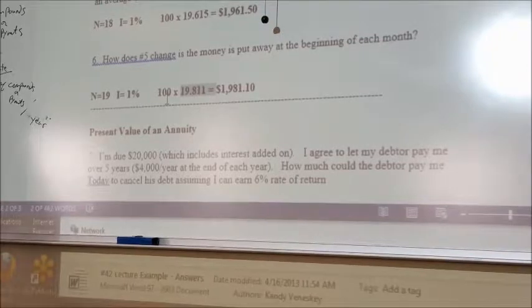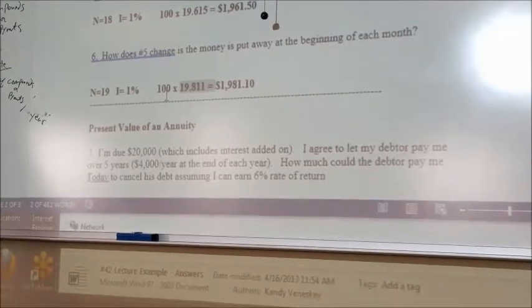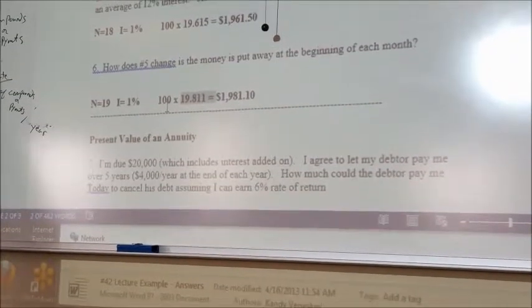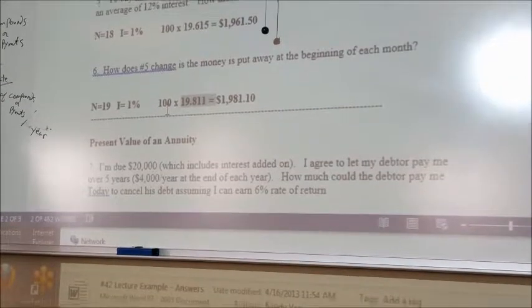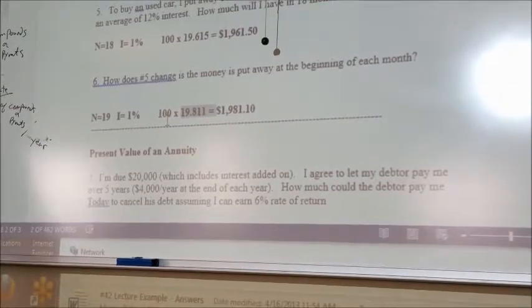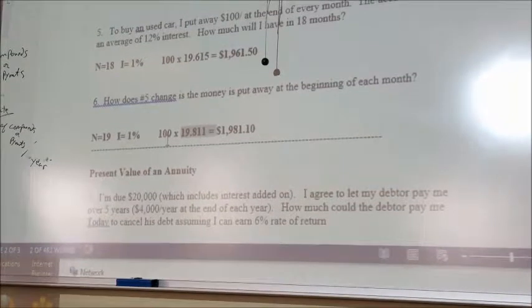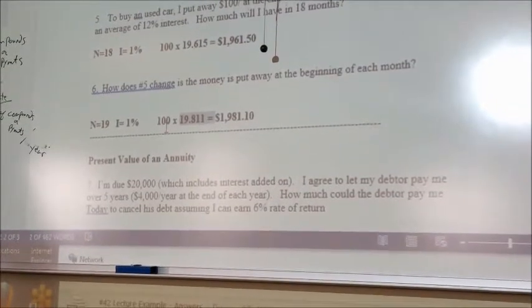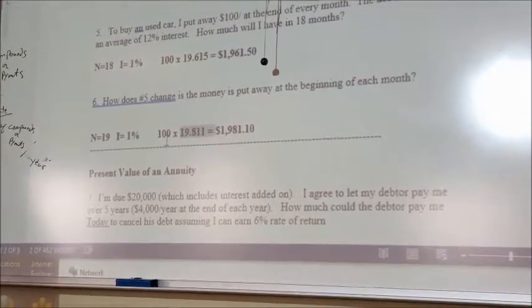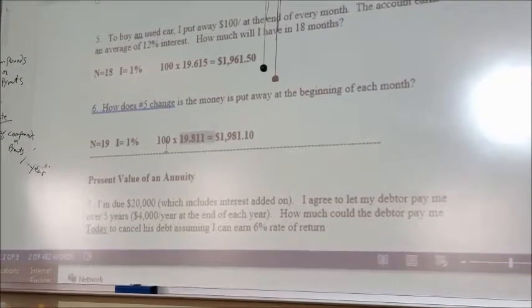How much is 4,000 over the next 5 years? 4,000 plus 4,000 every year. How much is that worth right now? How much am I allowing him to pay me? How much could I accept? And neither of us would be any worse.